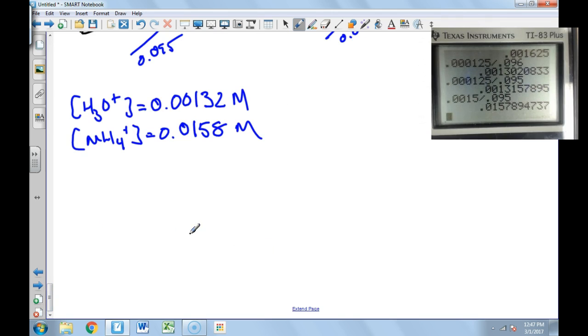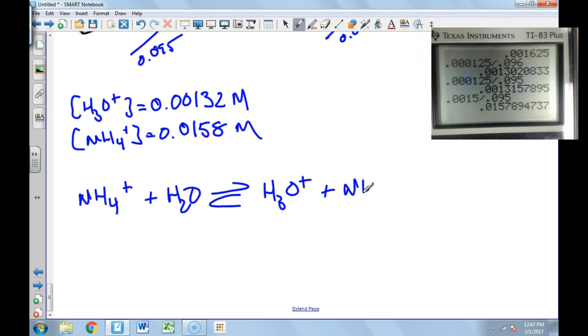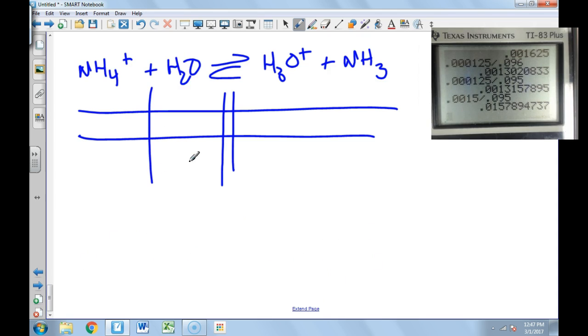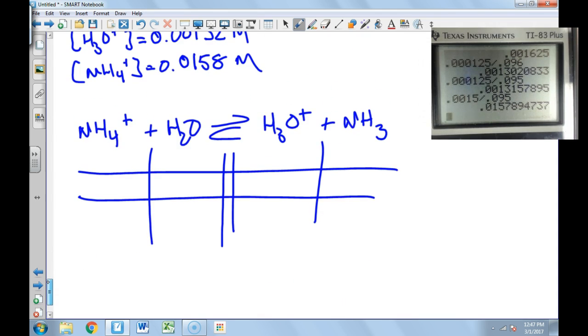And so now we can do the equilibrium where we get NH4 plus and H2O. This is our acid now, in equilibrium with H3O plus and NH3. Okay, so this is that. Okay, let's see here.